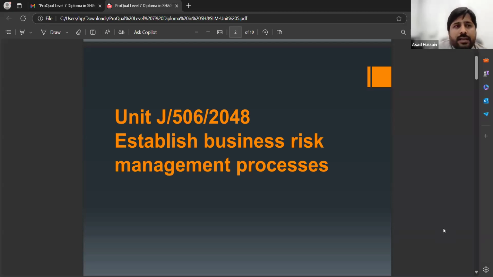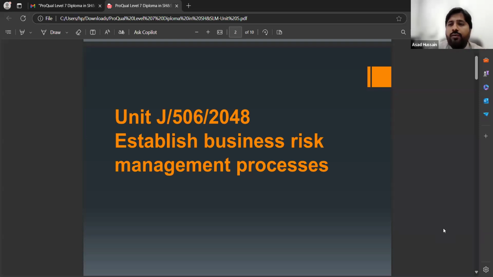As I have told you in my previous lectures of ProQual VQ Level 6 and Level 7, when it comes to completing a unit, it is mandatory to get a pass grade in each assessment criterion, and then in each learning outcome, and all the criteria should be met to complete that unit.